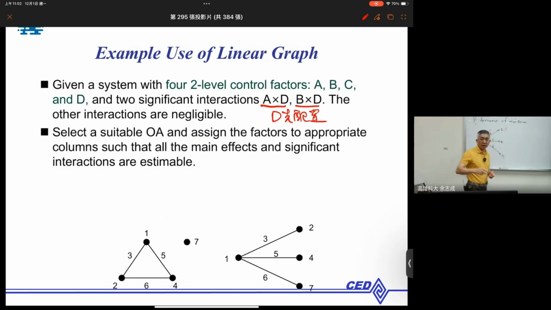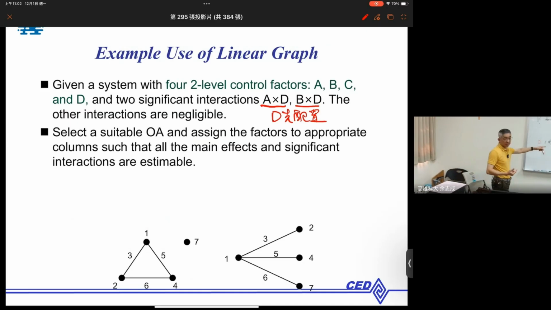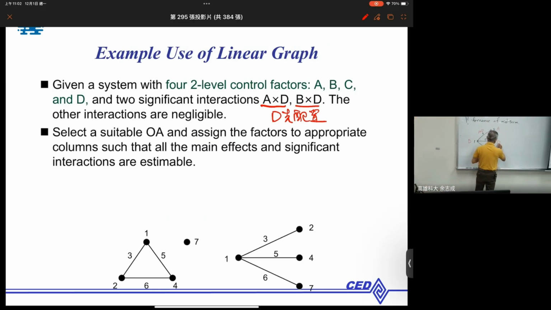Now, what's the next factor to assign? B, which dot? 4, yes. We can put B here because it has a line connected with dot 1.